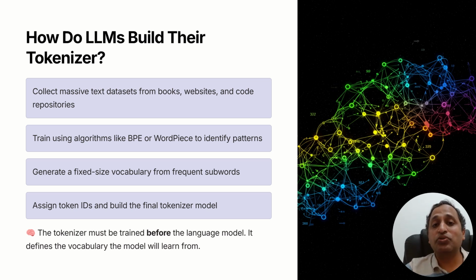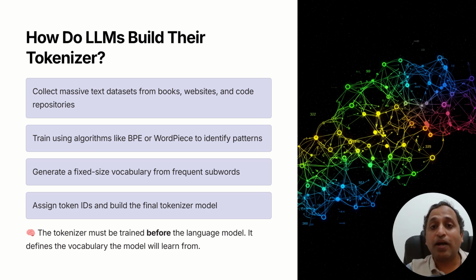This makes sure that the tokenizer has seen a wide variety of real-world language. Now they train a tokenizer using an algorithm called byte pair encoding, or BPE for short. This algorithm looks at the data and learns which character pairs or subwords appear more frequently.